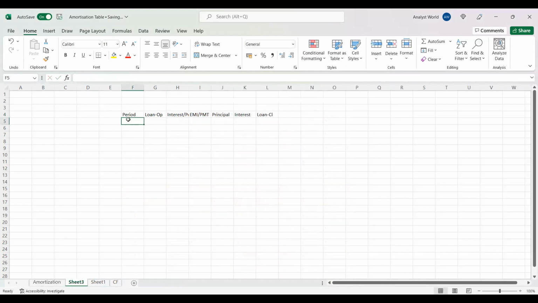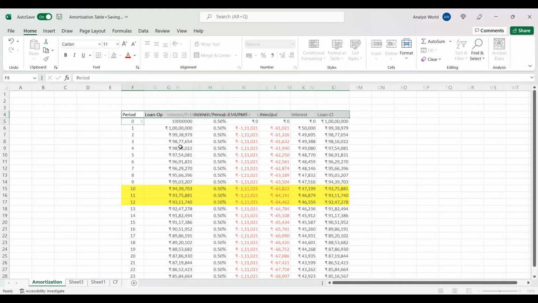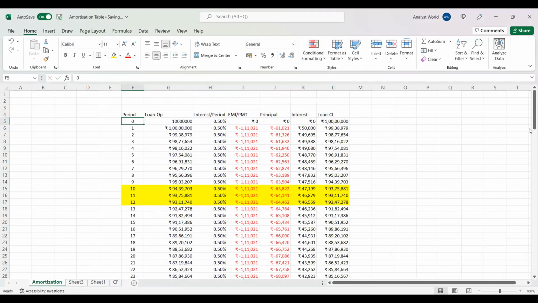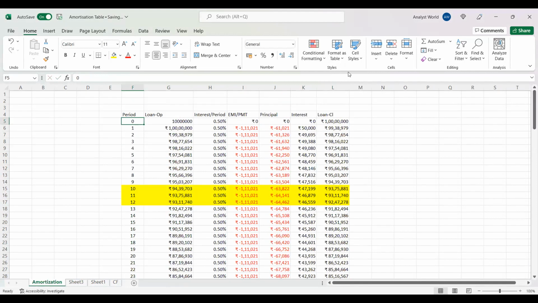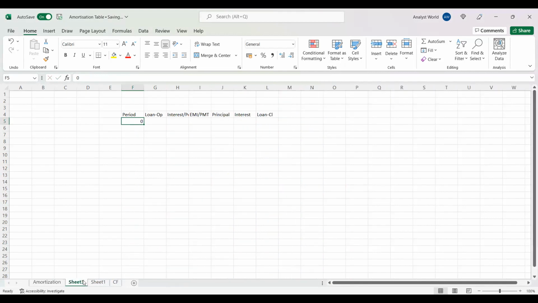All right. So the period happens to be again 0. Now, how many years? 10 years. It was a 10-year loan, right? So 10 years would mean 120 months. So let me put 120 out here.